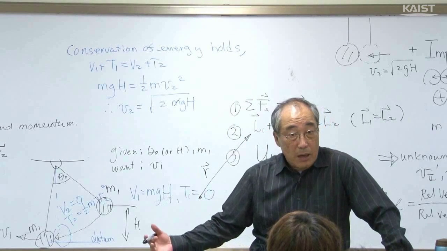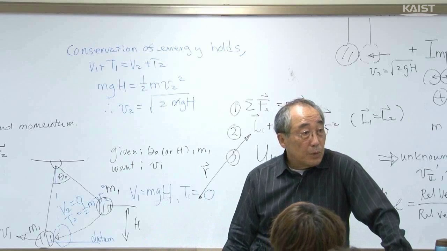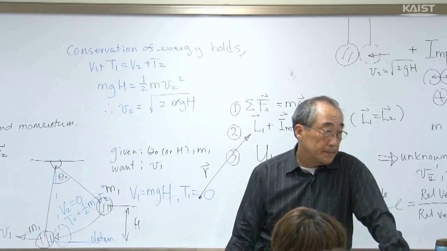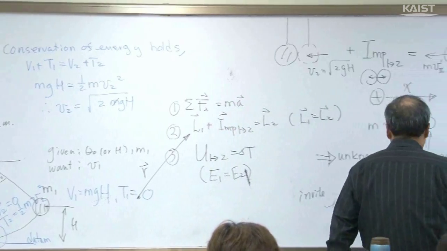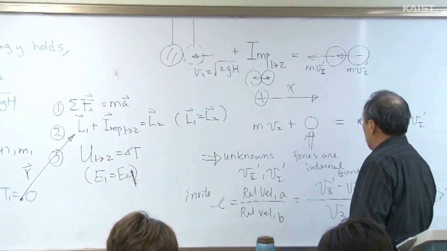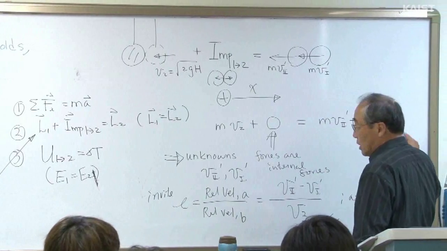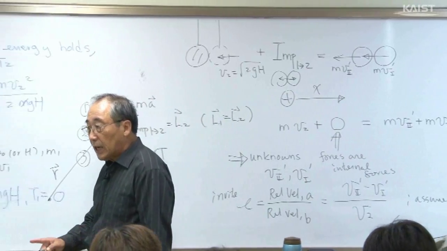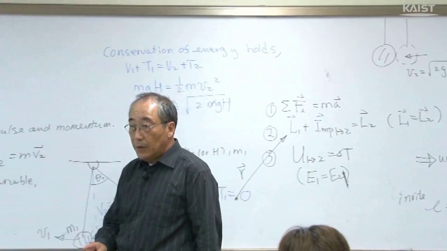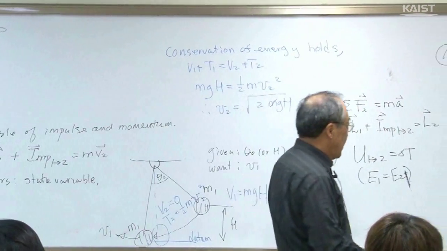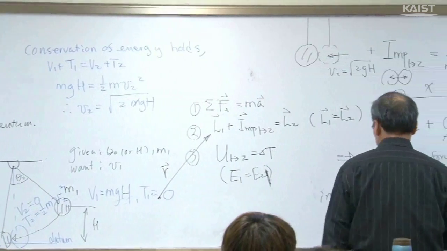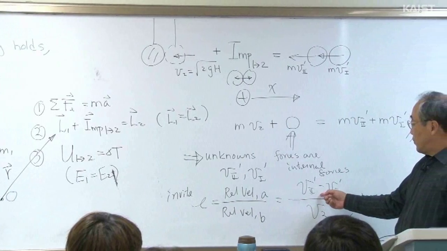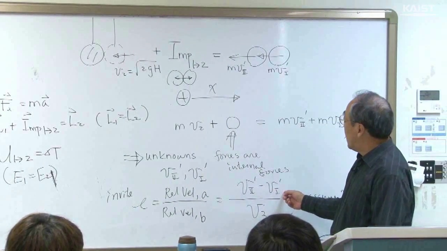In some other problem, it could be possible, but we do not allow it. So we have one more equation, and we have two equations, and we can solve it. Okay? What about the special case E equals 0? If E equals 0, then V2 prime is equal to V1 prime.